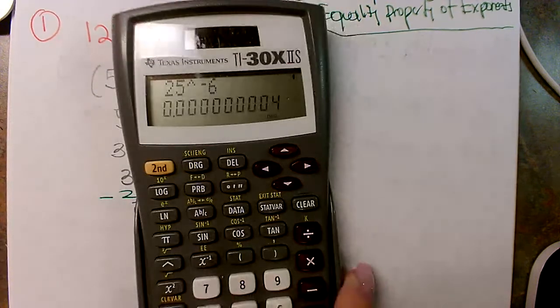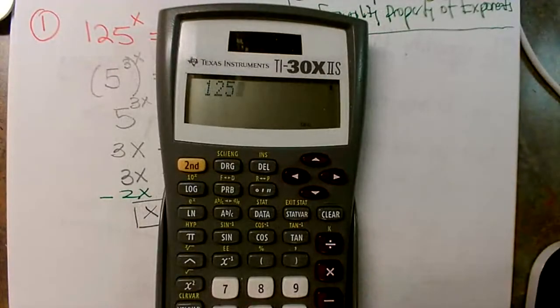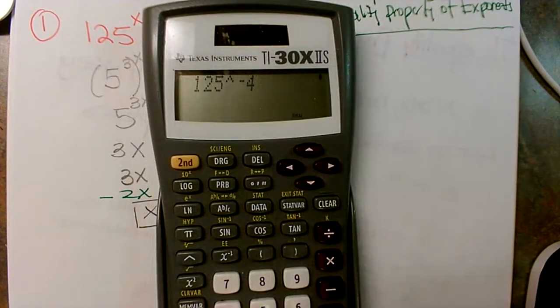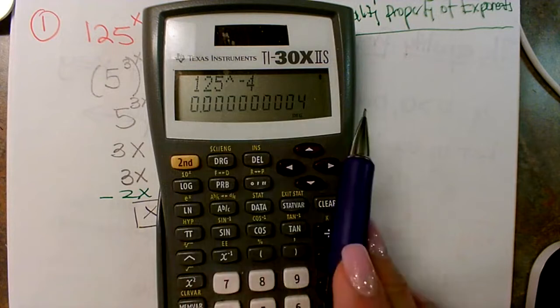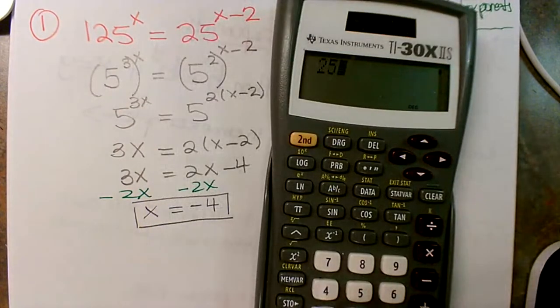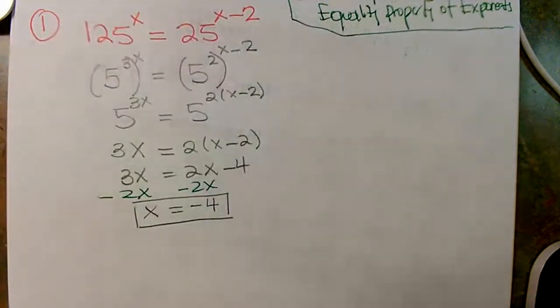I just did 125 to the power of what? -4. So I get 0.0004. And when I do the other one, 25 to the power of -6, I get the same number. Now, this is the same.